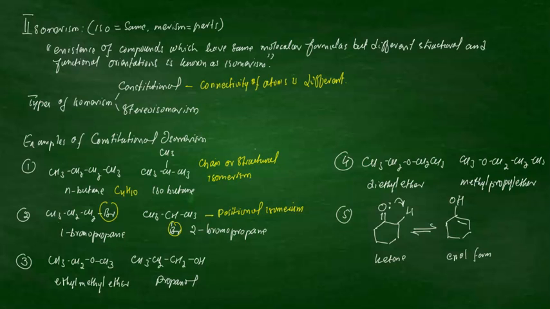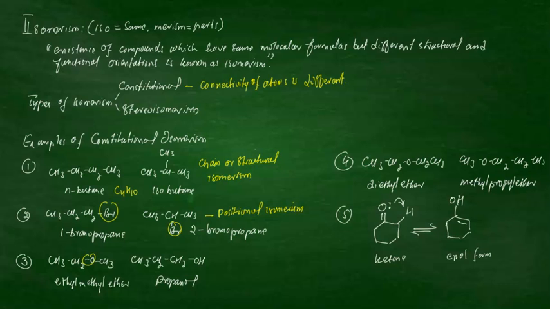Similarly, the third type of isomerism has the same molecular formula but a different functional group. In the first example, it's an ether. We have an oxygen atom to which one methyl and one ethyl group are attached, so such functionality reflects an ether.